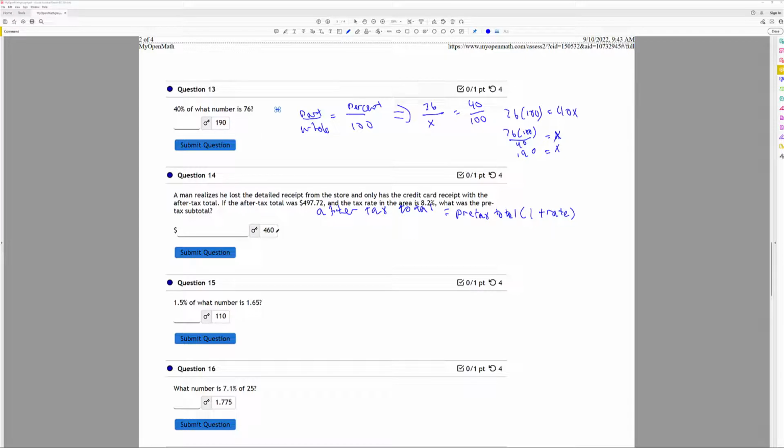This one here, in this case, the after tax total. The after tax total was 497.72. The pre-tax total, that's what we're trying to find. I'll call that x. And I have 1 plus the rate, and the rate is 8.2%. I'll put it as a decimal, 0.082.